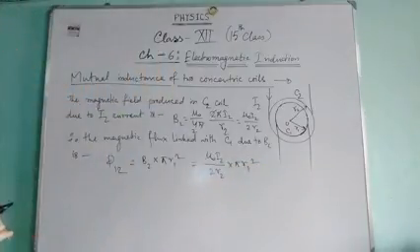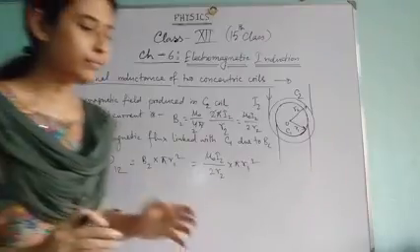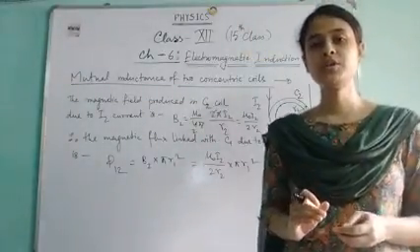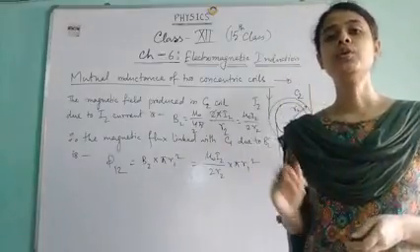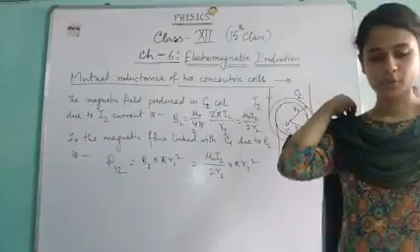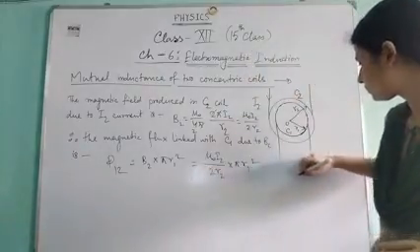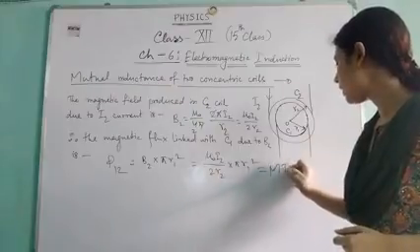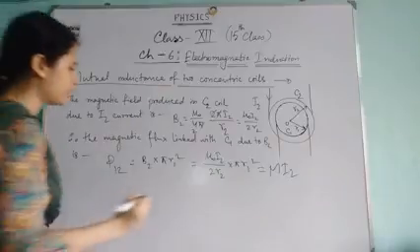So this is the magnetic flux, and this magnetic flux can also be defined as phi 1 2 equals the mutual inductance M into I2, the current flowing through the conductor. So this is equal to M I2. Now from this, what will we get?